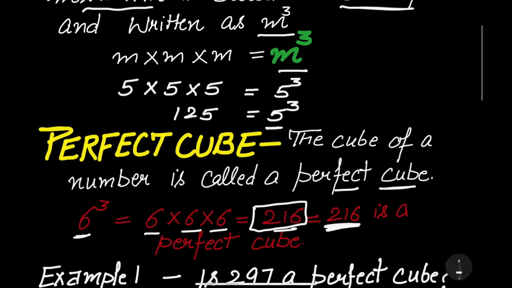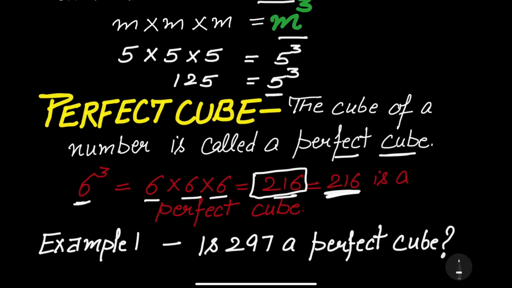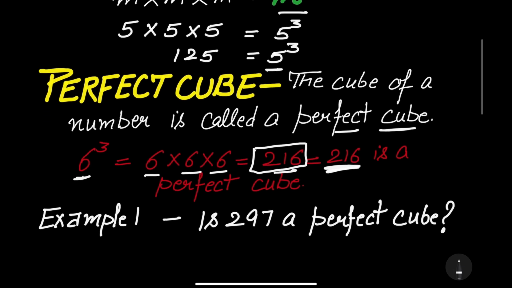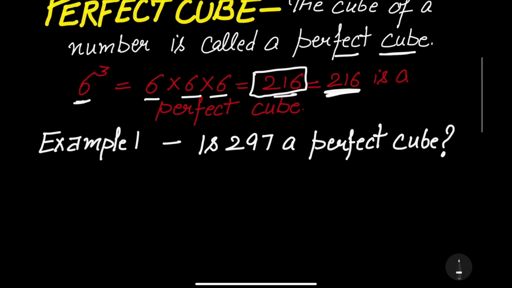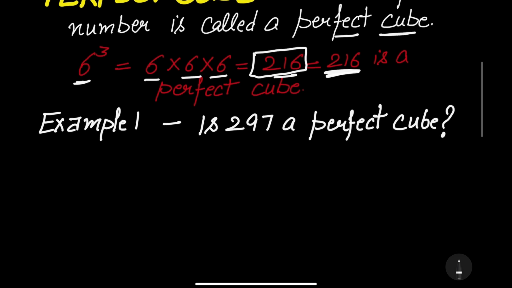Now let's start with the examples, the questions which generally come from this topic cube. Suppose they are asking, is 297 a perfect cube? So how will we find that? First we will find all the prime factors of 297.